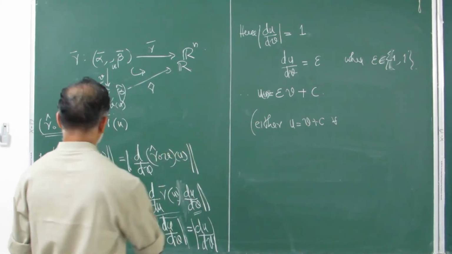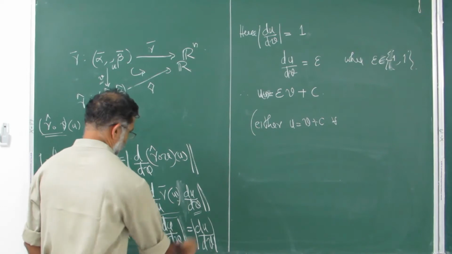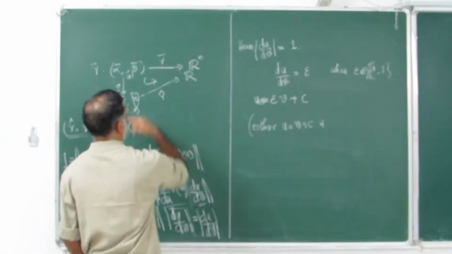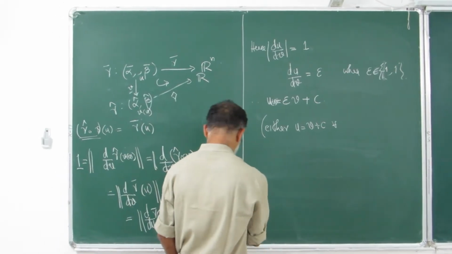I finally landed up with v as a function of u, but anyway, it's a bijection, so it doesn't matter.